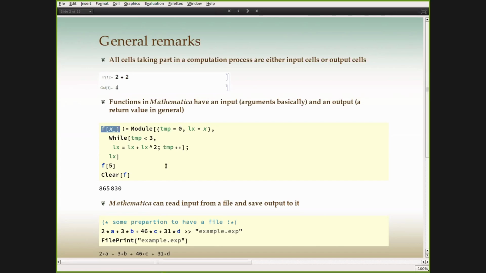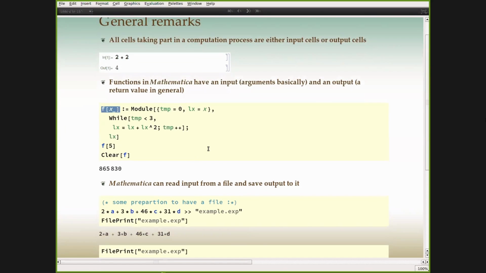Okay, so anyhow, this is another kind of input and output we have in Mathematica. We can go further, and as you see on this slide, Mathematica can read input from a file and save output to it.